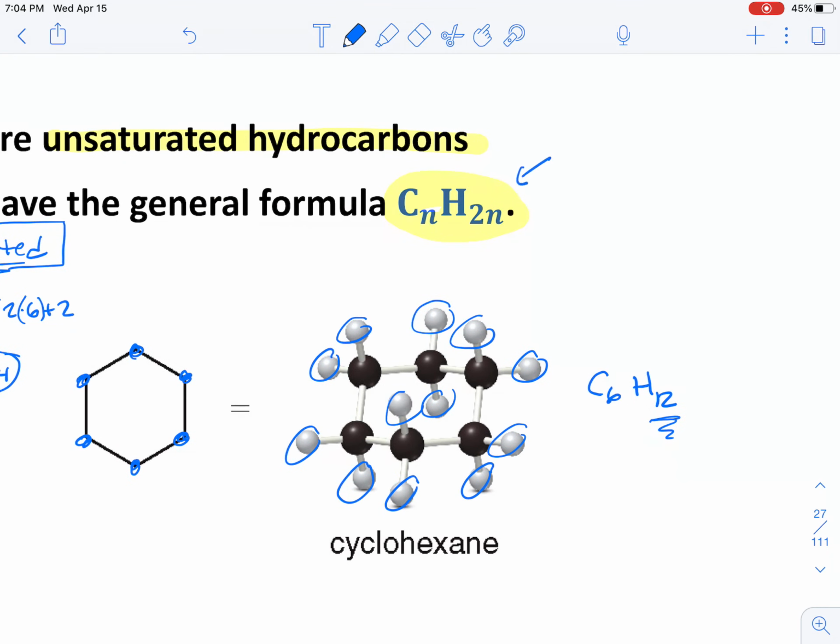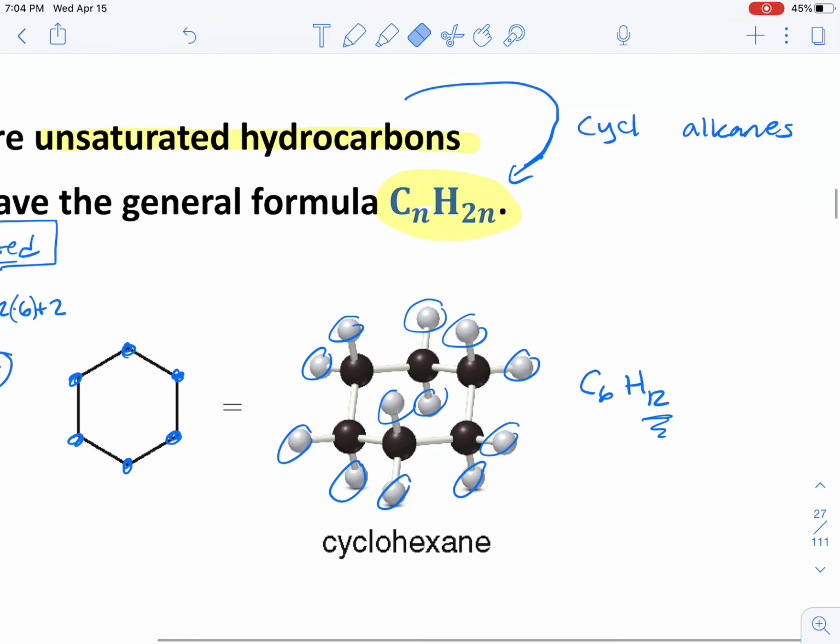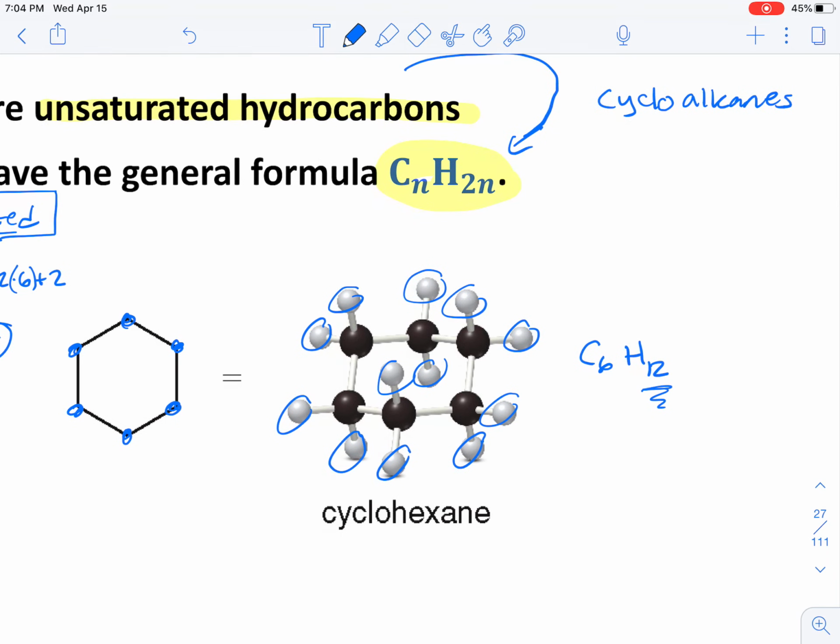So this is the formula for cyclic alkanes, or cycloalkanes. And once again, you can plug in any carbon number, and you should be able to predict the number of hydrogens, and that's going to represent the chemical formula for that organic compound.